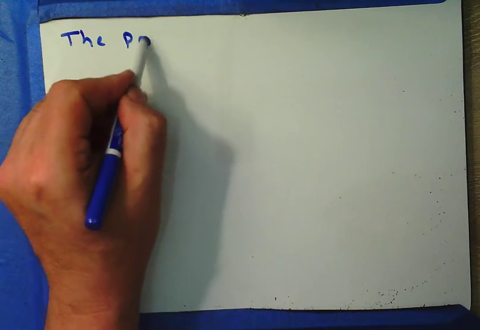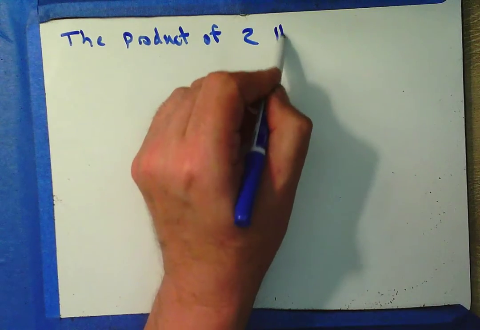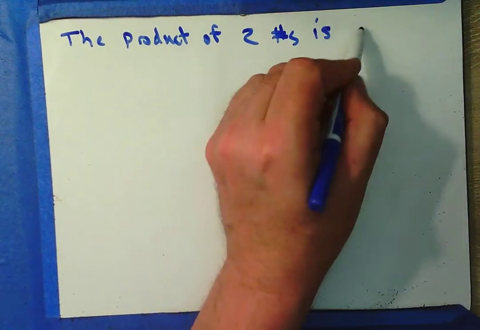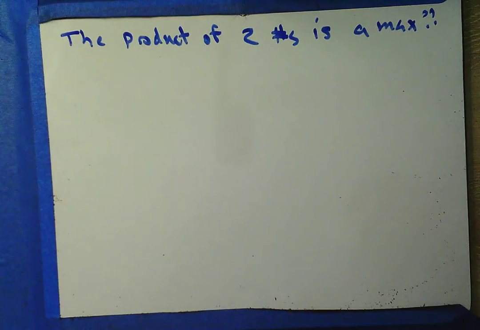Okay, so we're told in the directions of the problem that the product of 2 numbers is a maximum. Huh? What does that mean? Well, it's as big as possible.